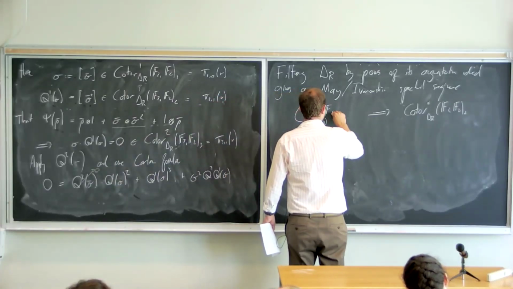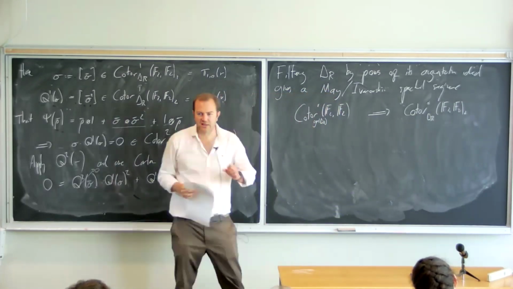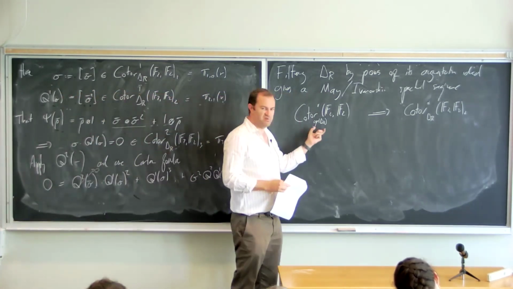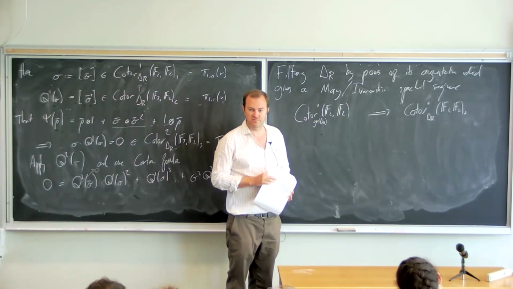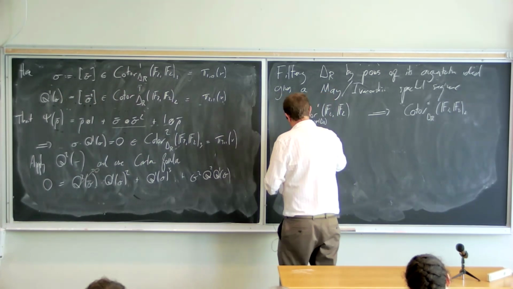And of course, there's some secret other grading that I won't write. And the point of filtering by powers of the augmentation ideal is that the associated graded is always a primitively generated Hopf algebra. And you just know what Cotor of a primitively generated Hopf algebra is. And let me just tell you what the answer is.